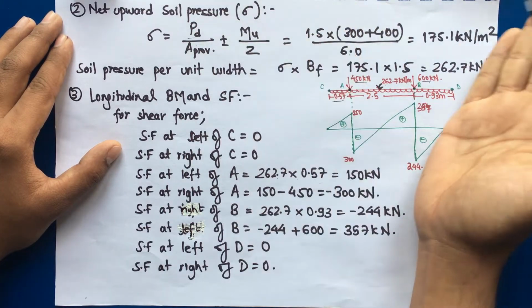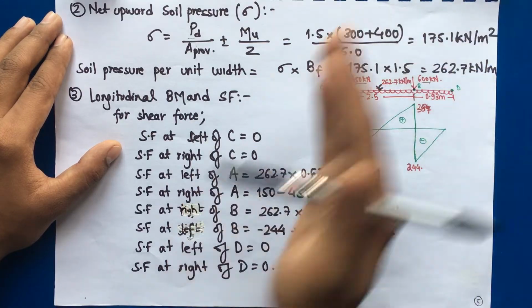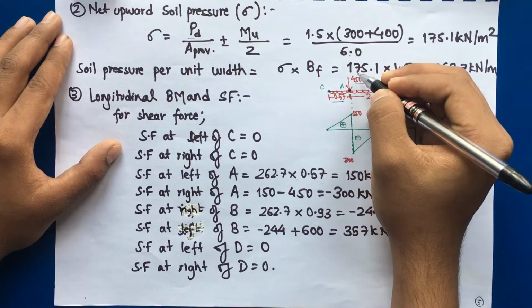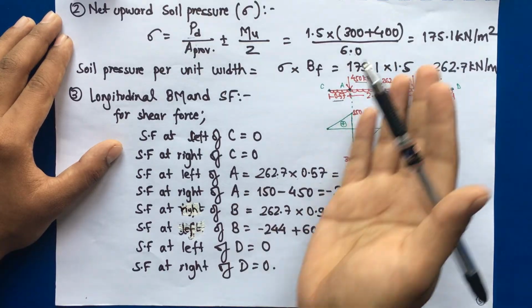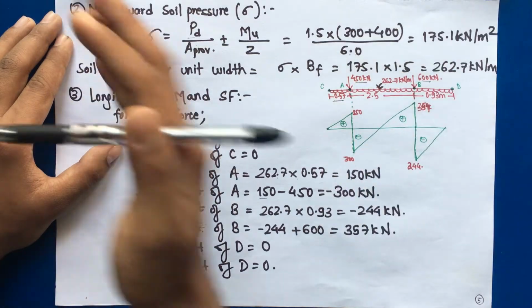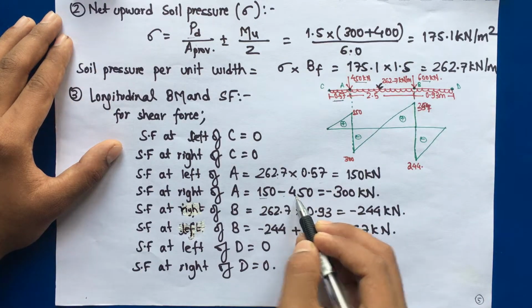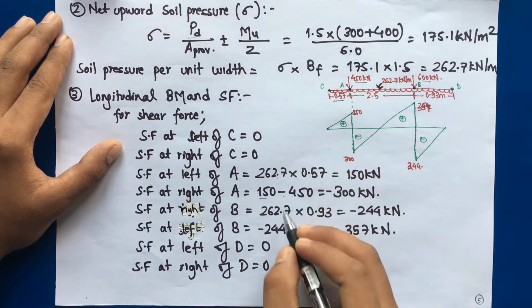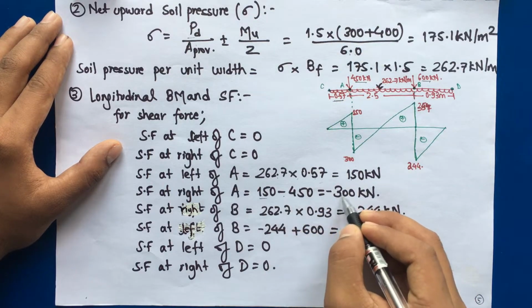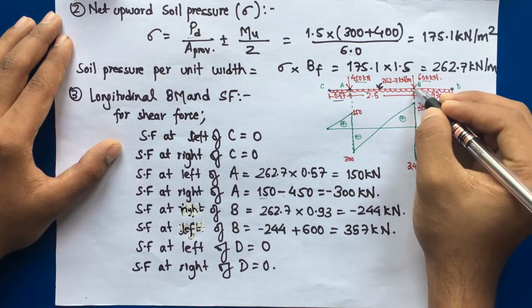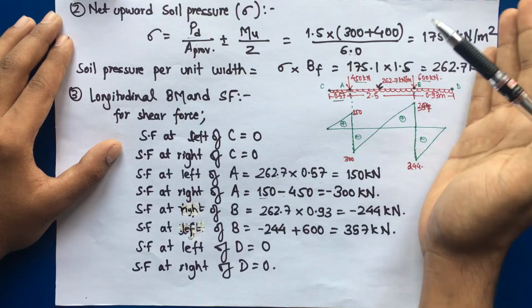Shear force just right of A: there is an axial load acting downward, so 150, that is at the left of A, minus 450. Why? From left to right, a downward force will be negative, so minus 450, and this comes as minus 300 kilonewton. Similarly, considering point B, now let us come from right to left.